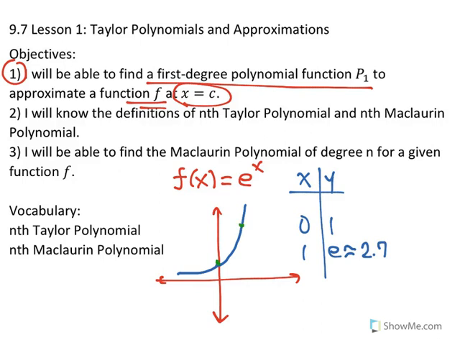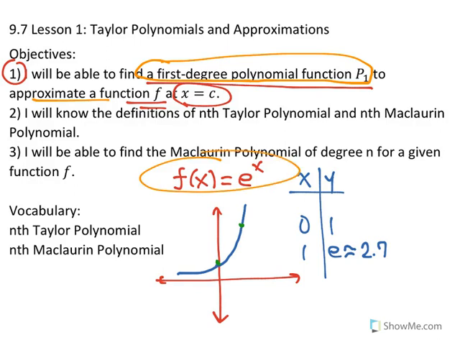There is a horizontal asymptote as x goes to negative infinity, y goes to 0, and then the graph shoots to infinity as x goes to infinity. So that's the graph of f of x is equal to e to the x. So in objective 1, we want to be able to find a first degree polynomial function as an approximation for f of x is equal to e to the x at some value c.